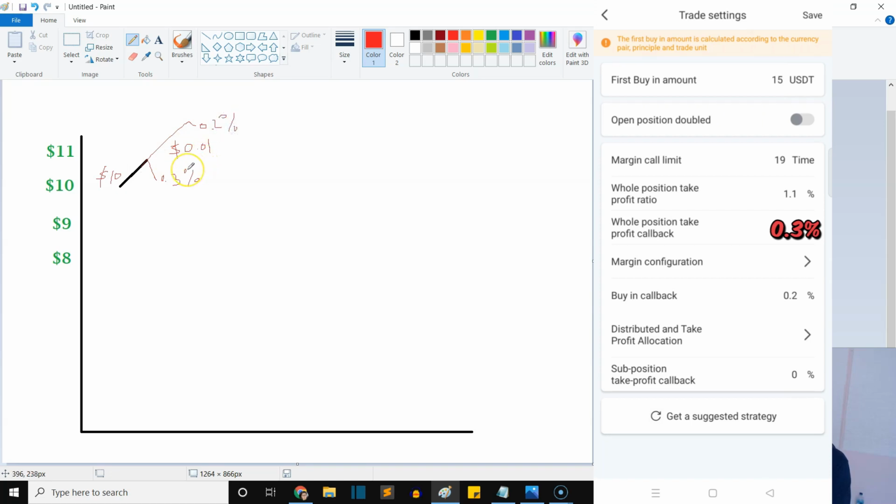The condition here is it must go down by 0.3%. Who knows, this could keep going up to maybe 5%, and then if it retracts a little bit by 0.3%, then it will sell. Below this, it won't sell. So the bot is smart enough to execute that sell.